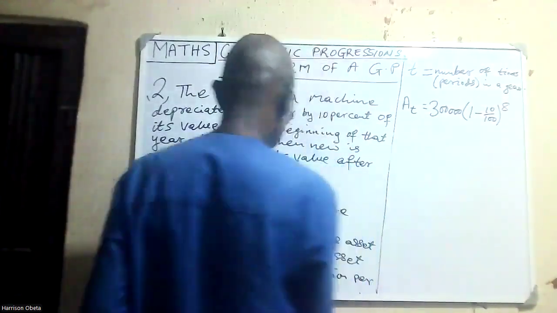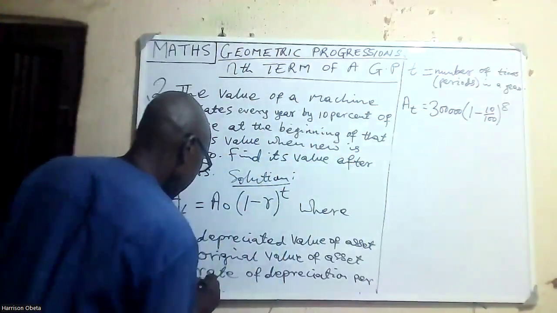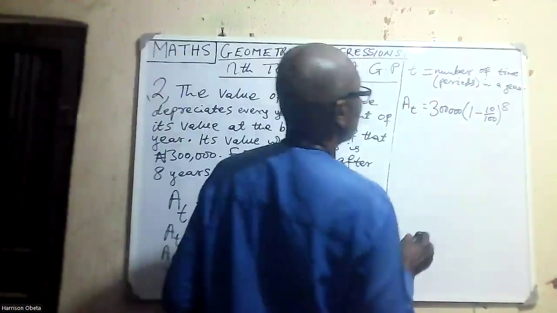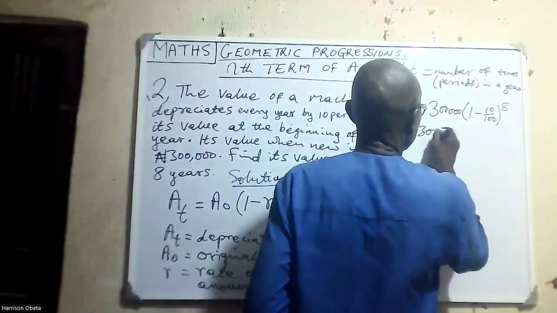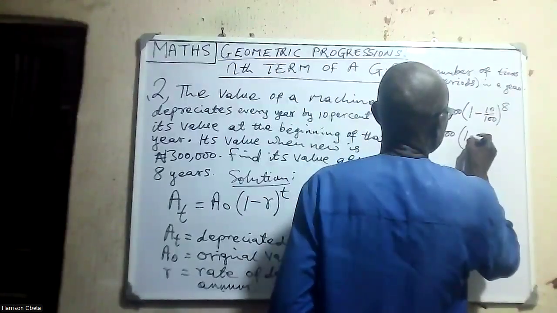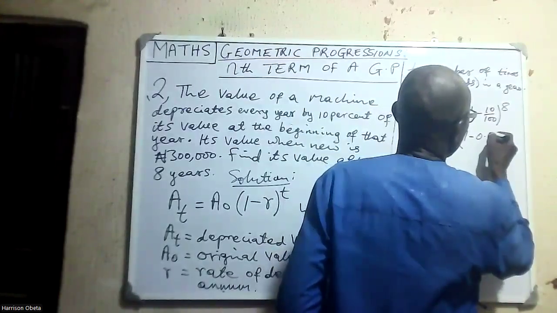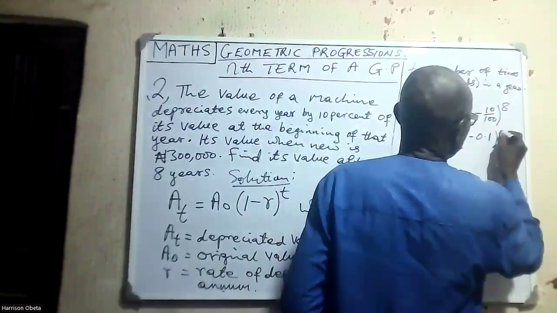Okay, the rate of depreciation per annum. Now, we'll move on. That will give us 300,000 bracket 1 minus 0.1 raised to power 8.